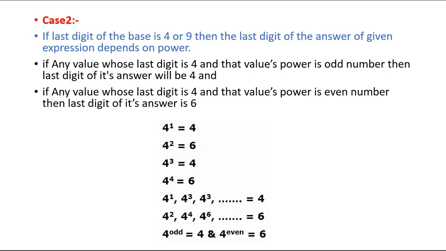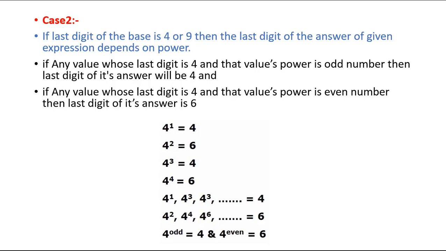Here we have only two things which we need to focus on. Those two things are: what is the last digit of the base, whether it is 4 or not. If it is 4, then whether that value's power is an even number or an odd number.